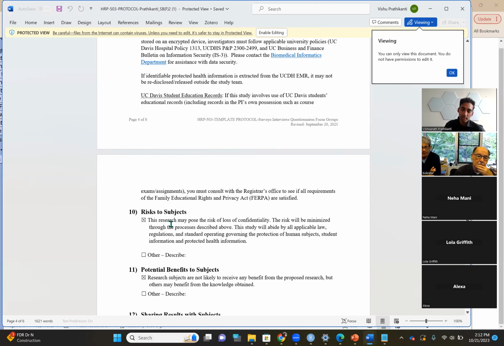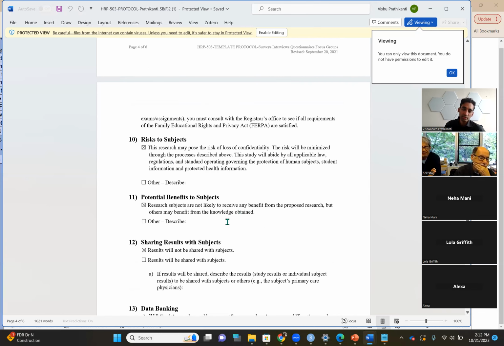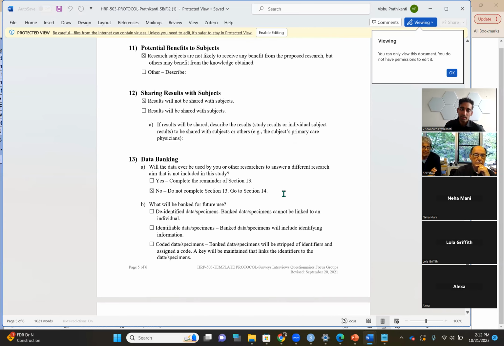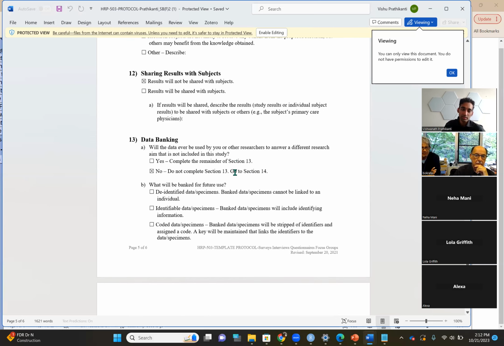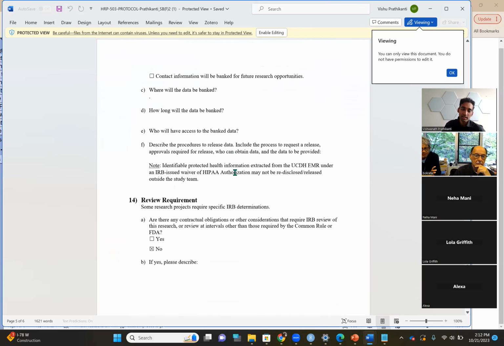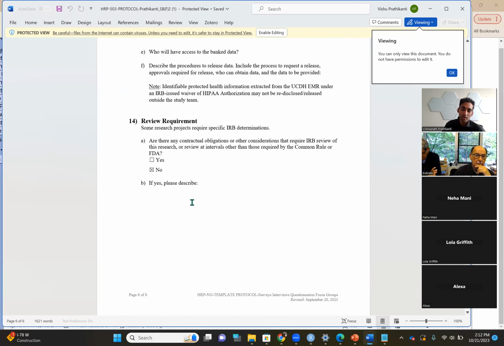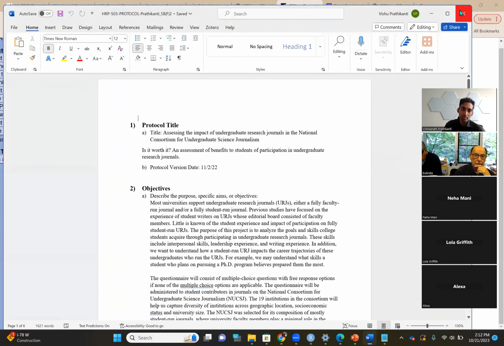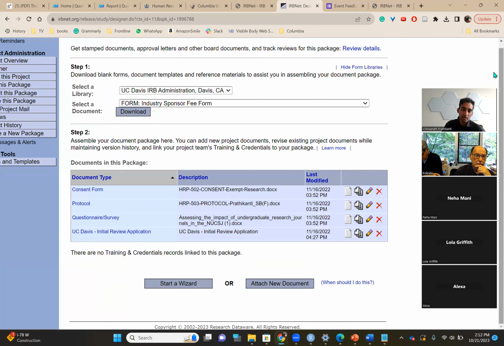You're explaining the risks, potential benefits, whether or not you want to share them, whether you need to include other forms. It's all very straightforward. And like I said, you usually just put no or none of the above for the rest of it. So that is the protocol document.